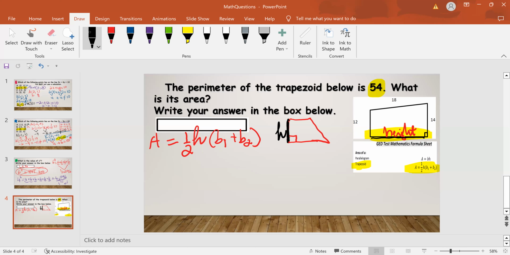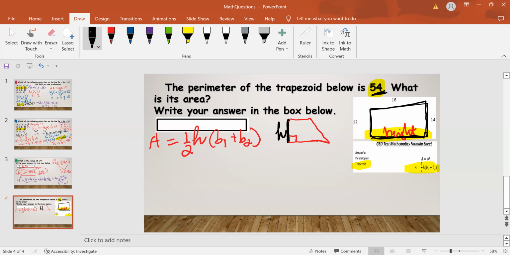But when they give you the perimeter, that means what? You can find that height. Remember, perimeter is what? That's the distance around the shape.